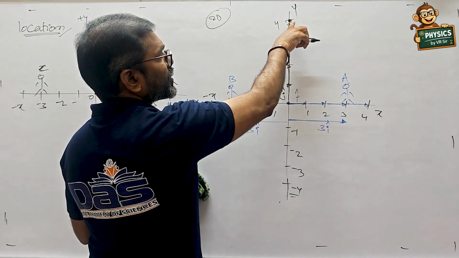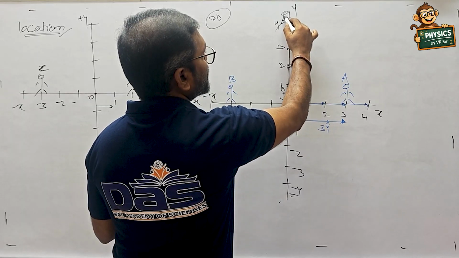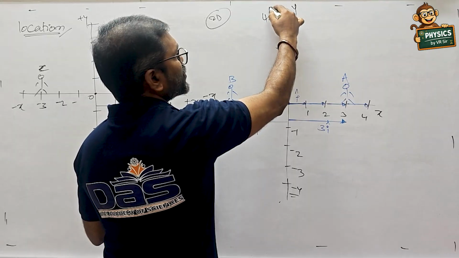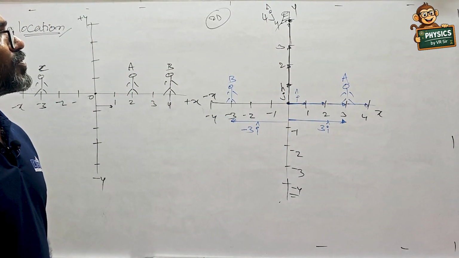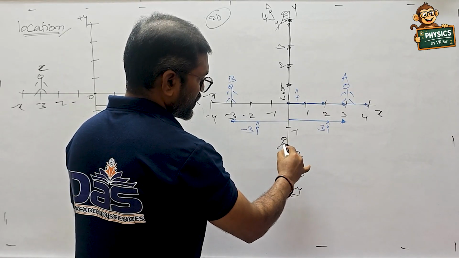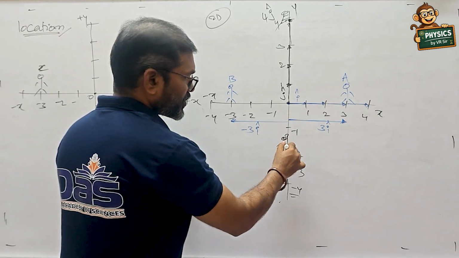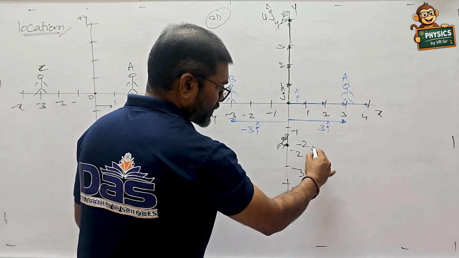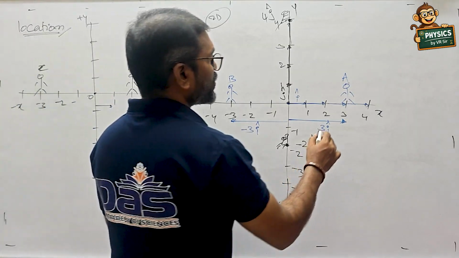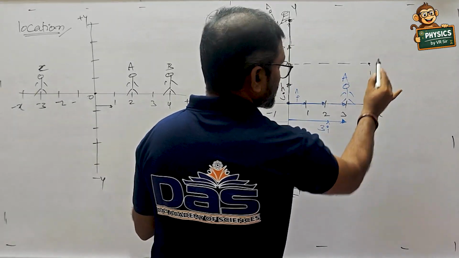Suppose some monkey is trying to climb here, then the position of this monkey we call 4 j cap. And what about the position of this other monkey, which is climbing up, let us say? This position is minus 2 j cap. Then what do you say about the position along x? We are coming back to this.